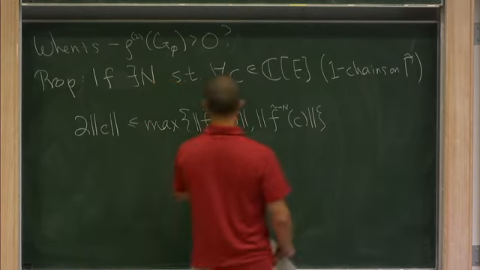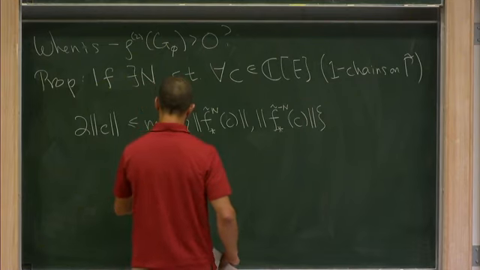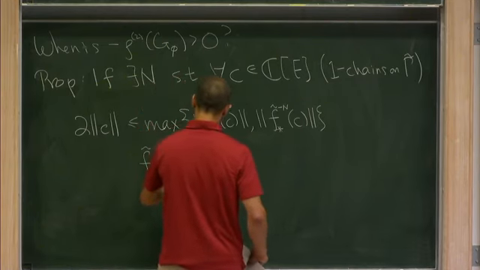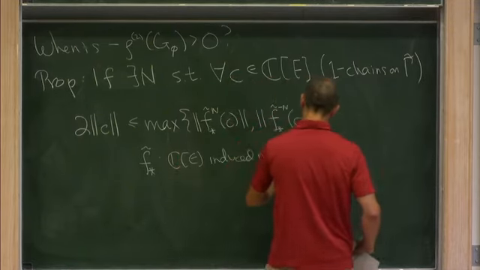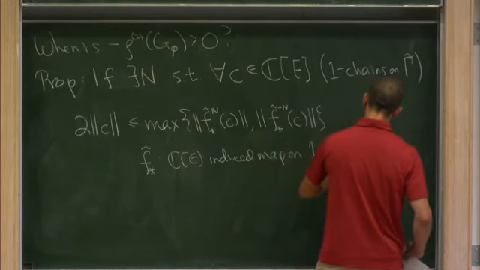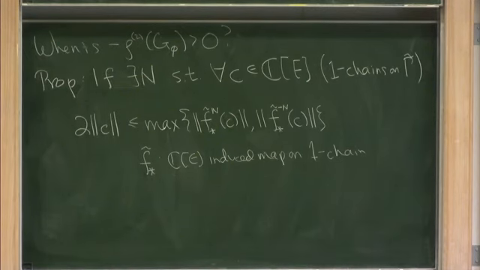So I should put a little star here. The lift of f gives you an induced map on one chains. An edge just goes to a one chain.